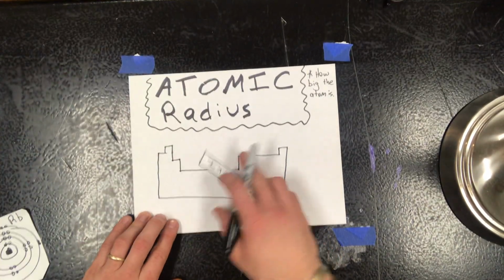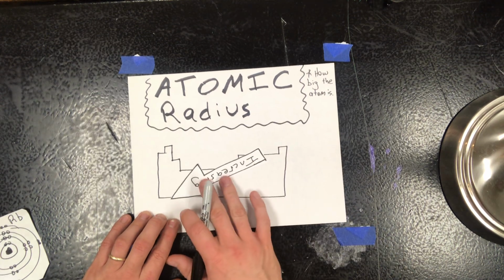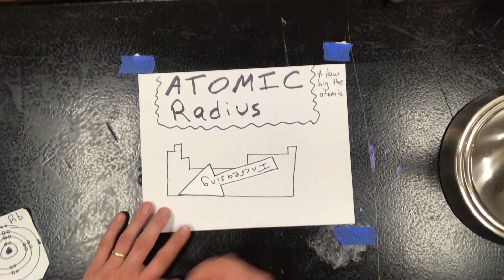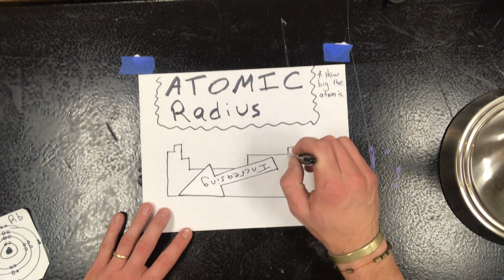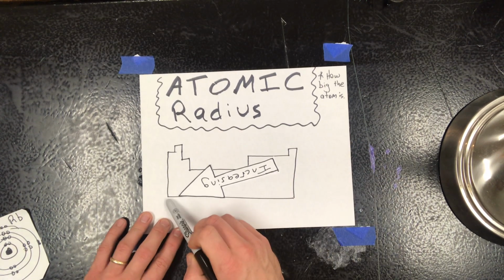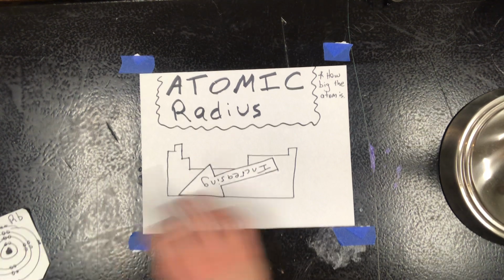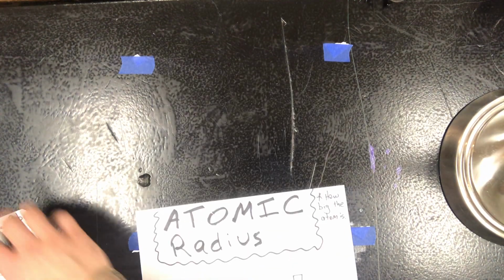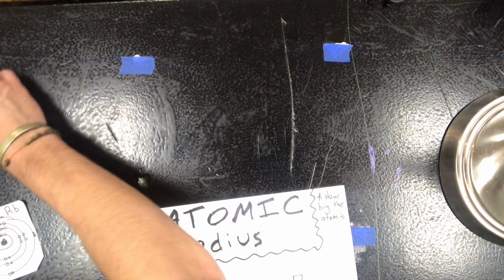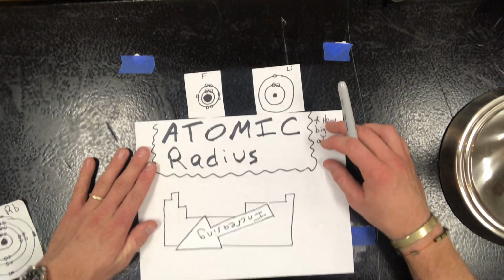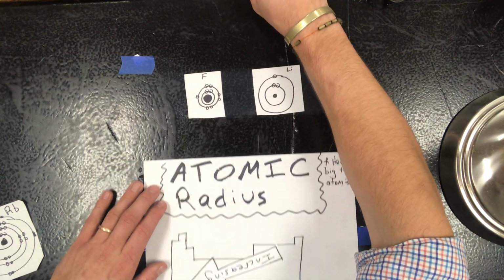Atomic radius is going to increase this direction. Okay, it's the only one that doesn't go in the way that we've been talking. So the smallest elements are up here, and the biggest elements are down here. I can use these same couple of elements here to illustrate why our fluorine atom, let me pull a couple things in here.